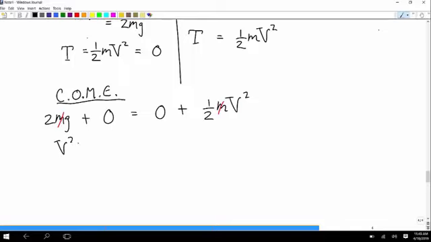So we have v squared is equal to 4g, and so v is equal to 2 times the square root of g. Can someone calculate that? Square root of g, I think maybe that's 3.13, and then 6.26 meters per second.